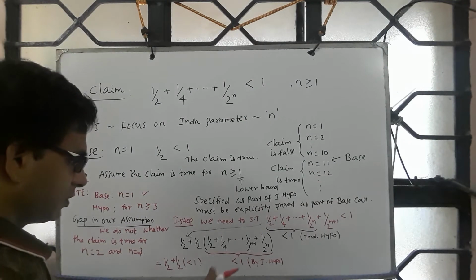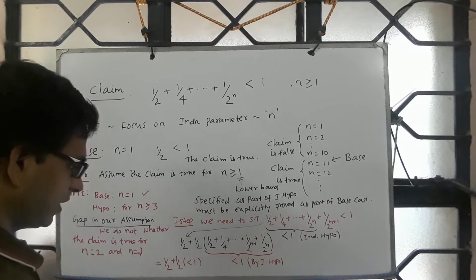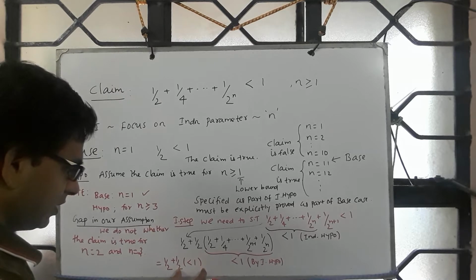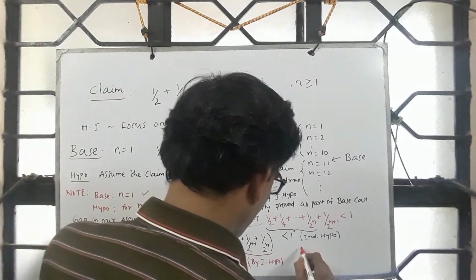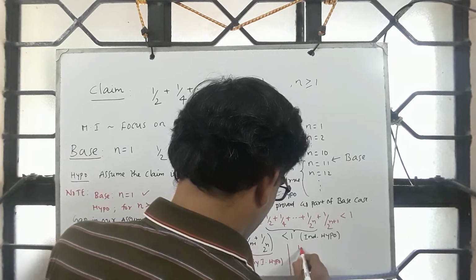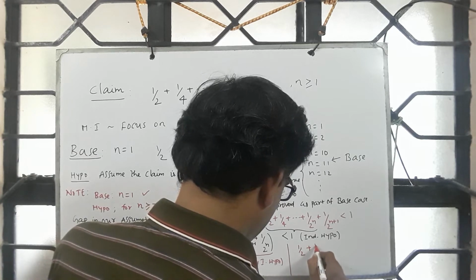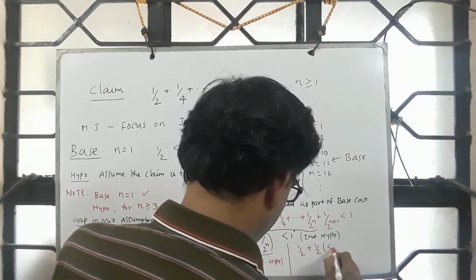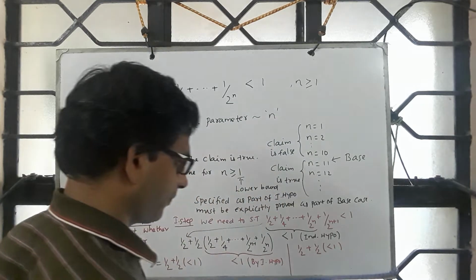Correct? So now this quantity is strictly less than 1, which means you have half plus half of it, this expression is strictly less than 1.